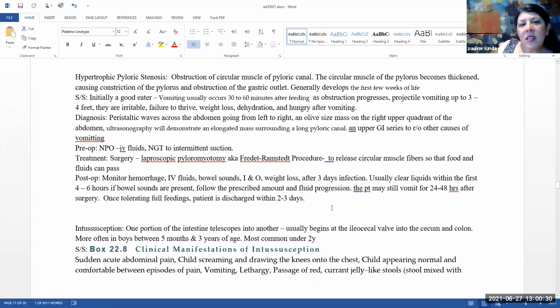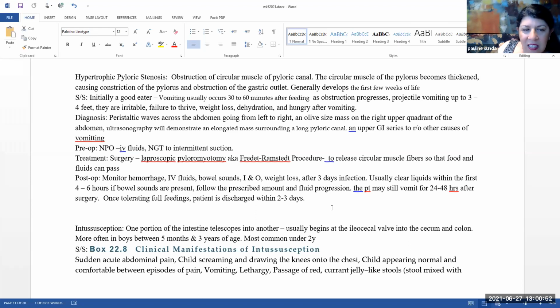Hypertrophic pyloric stenosis. This is basically an obstruction of the circular muscle of the pyloric channel. The circular muscle of the pylorus becomes thickened, causing constriction of the pylorus and obstruction of the gastric outlet. This generally develops in the first few weeks of life.